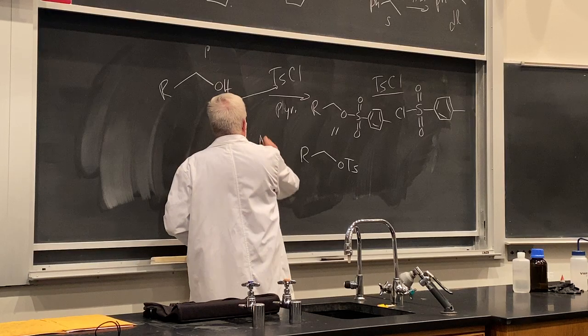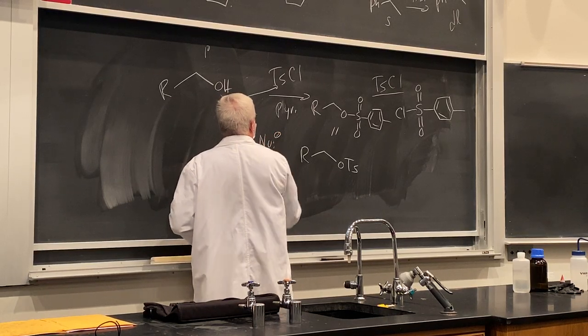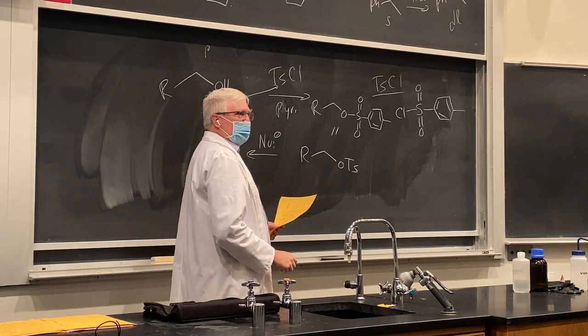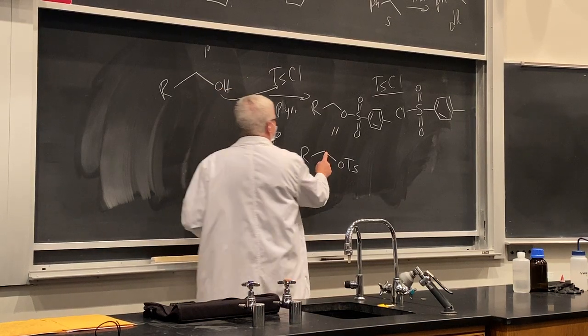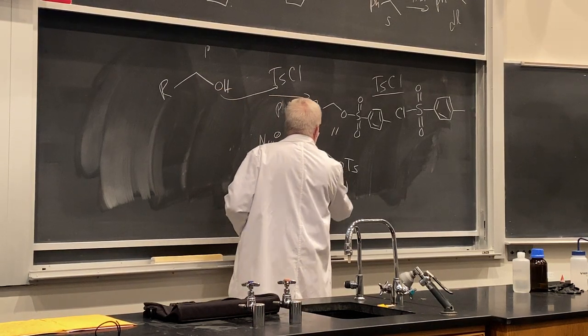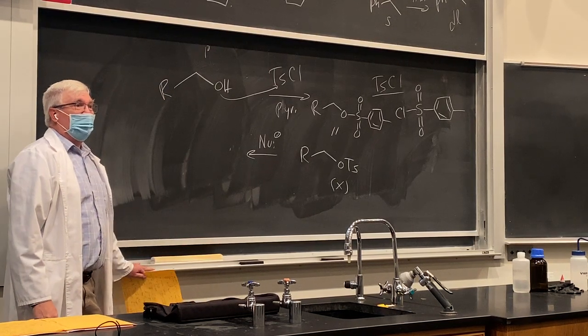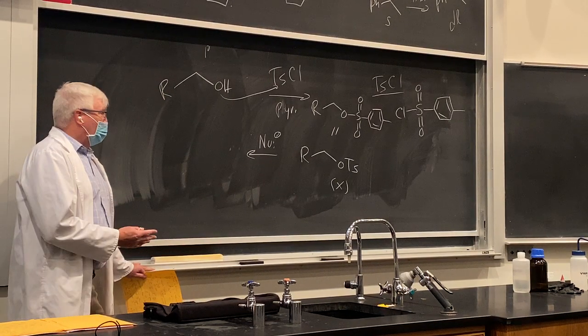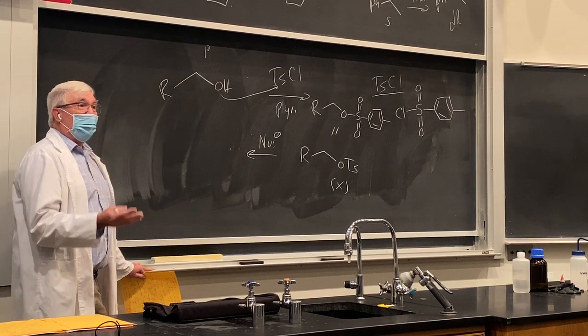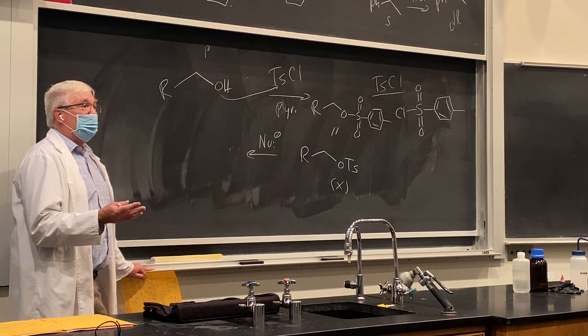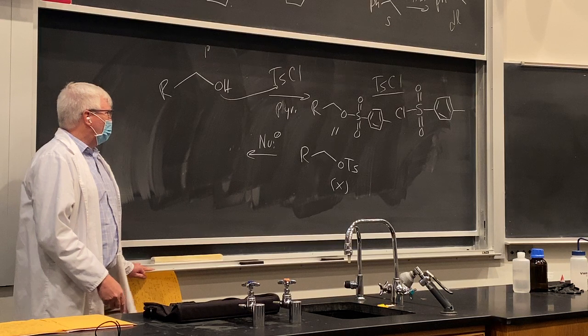Well, now all the charged nucleophiles can do their thing. Everything from chapter 7, right? This is now just as good as a halogen. In fact, tosylates are sometimes called pseudo-halogens, okay? They're stable, you can isolate those. They're often crystalline, so we can recrystallize and purify them. They're very convenient in the lab that way.